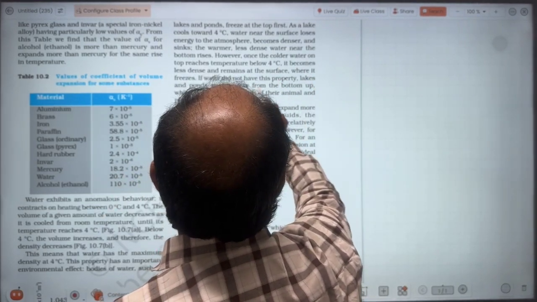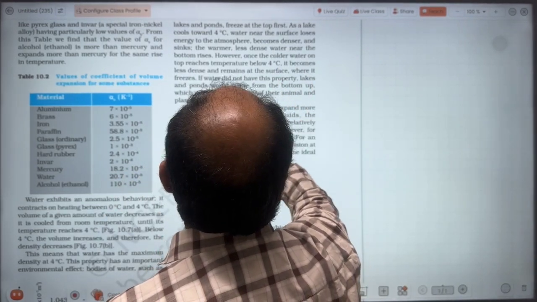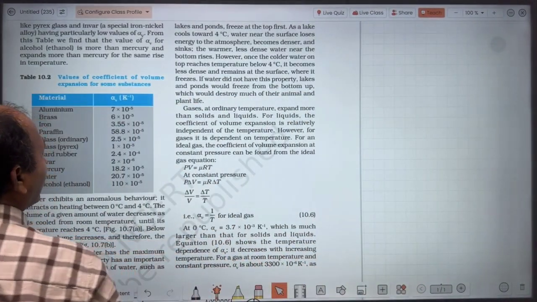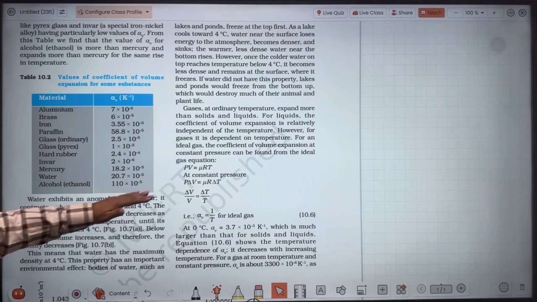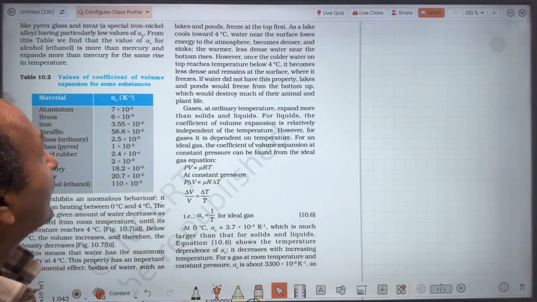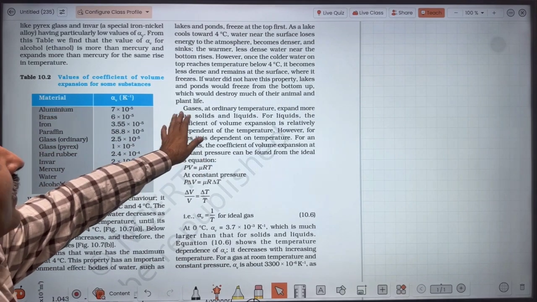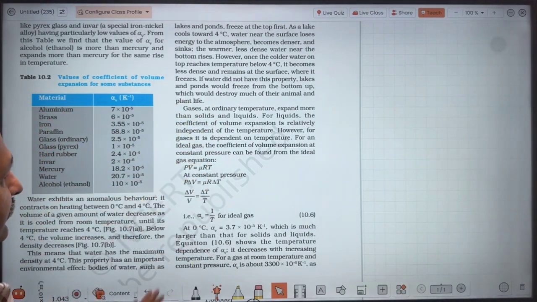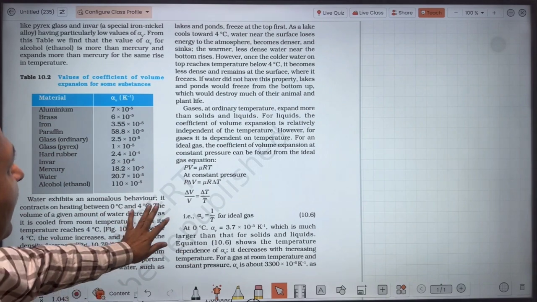Lakes and ponds would freeze from the bottom up, which would destroy much of their animal and plant life. You have understood? The upper surface freezes, whereas the lower part remains in liquid form. That is necessary for survival of aquatic life and plant life. So that is one important property.